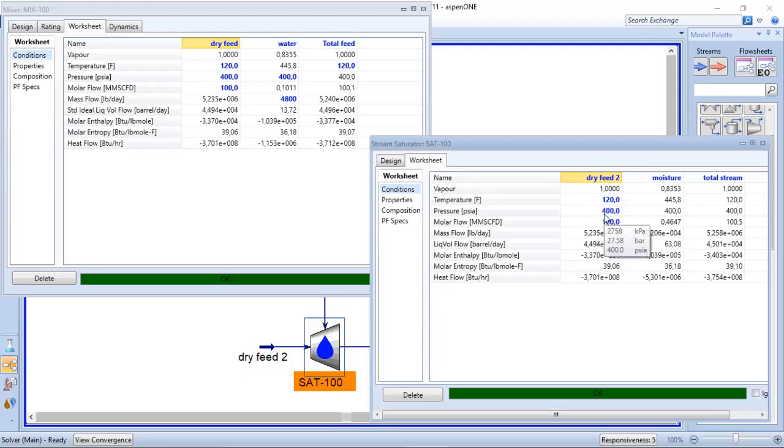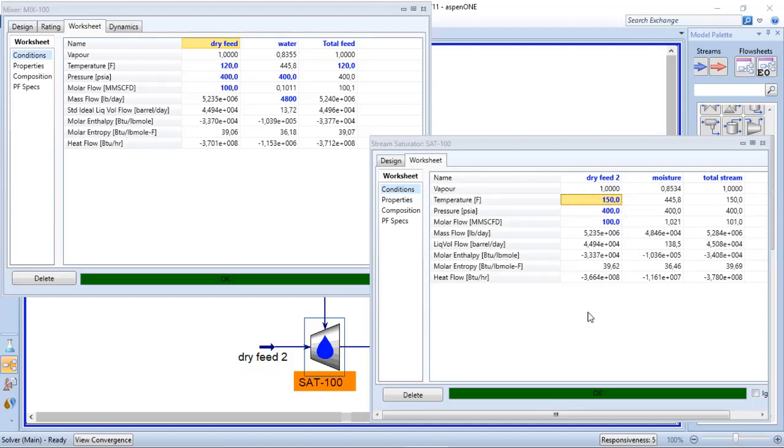Now let's verify, and as I told you before, if I increase the temperature of the dry gas, what I expect is that the amount of water also increases in the total gas. So let's suppose that I increase the temperature to 150 Fahrenheit, and you see that the total stream temperature is corrected automatically, and also the molar flow increased.